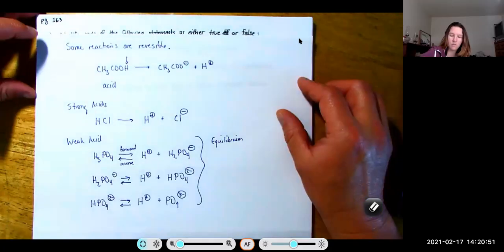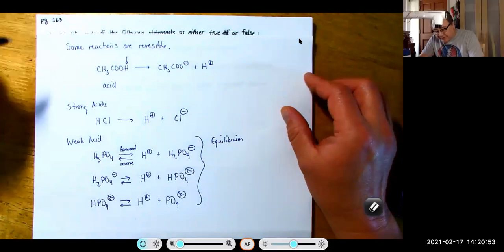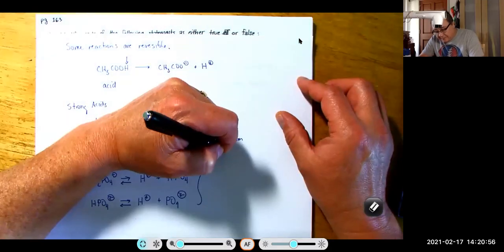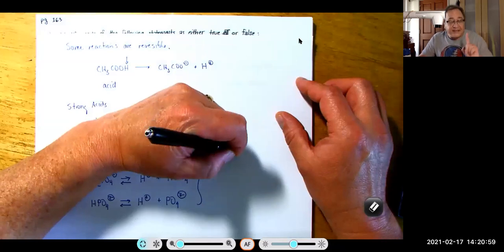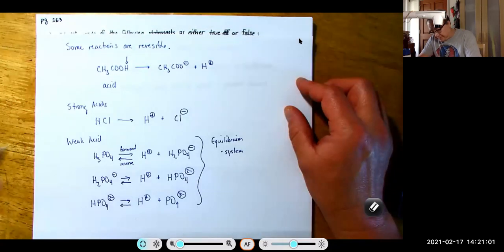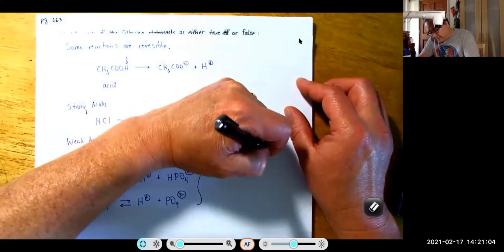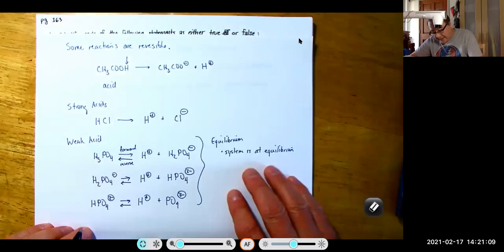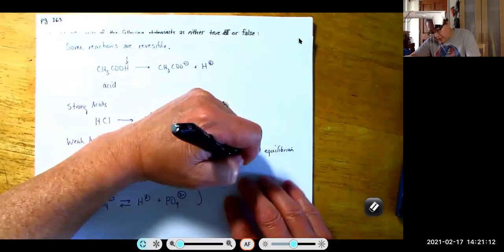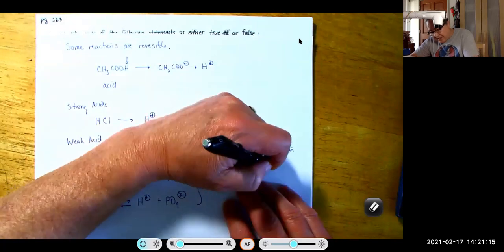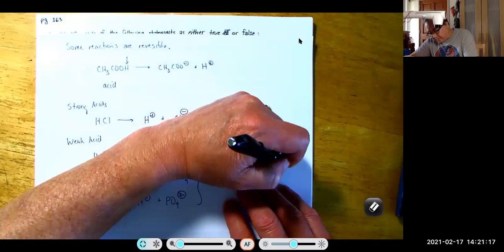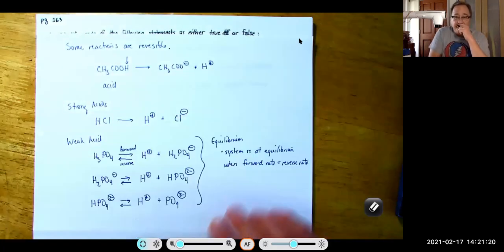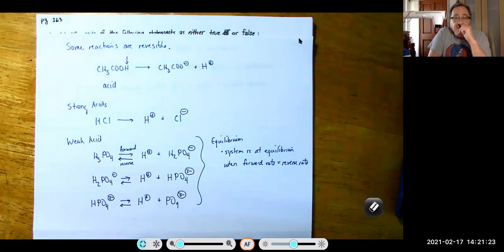Right. Furthermore, with the equilibrium reaction, we say that the system or reaction is at equilibrium when the forward rate equals the reverse rate. Okay.